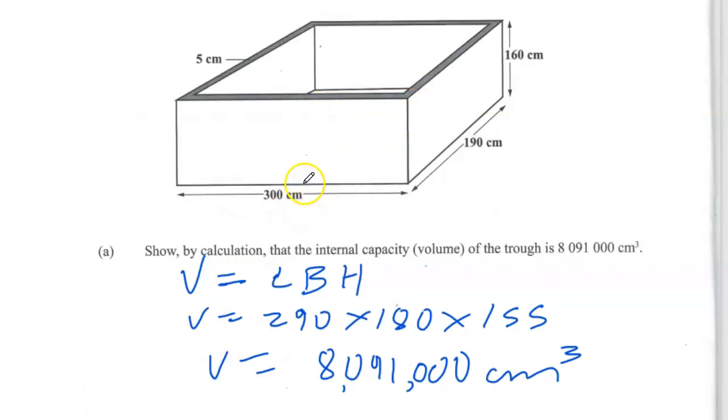So the base here will be 290 times 180, 290 inside times 180.